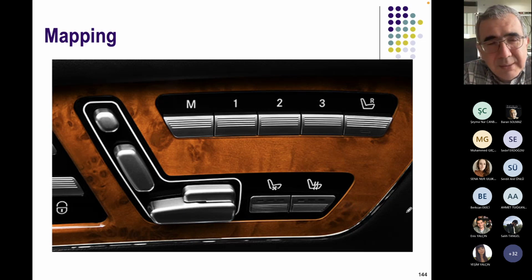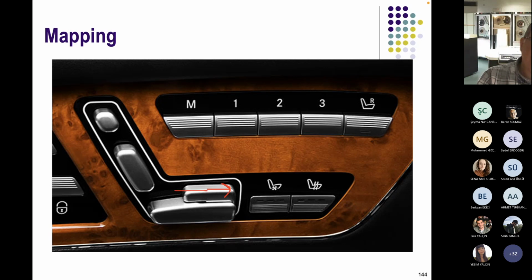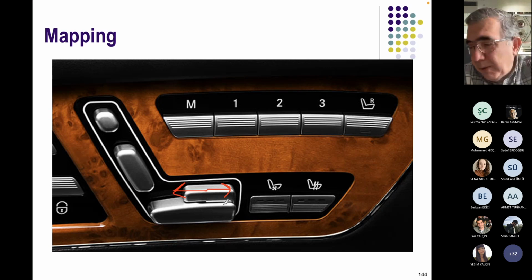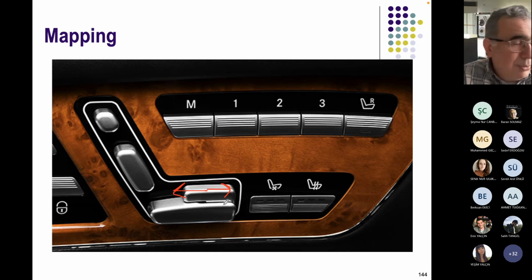Also this, controlling the armchair in the car. Movements of the control are directly related to movements of the output. So the chair control is implemented with this, and it is directly proportional in the same direction.